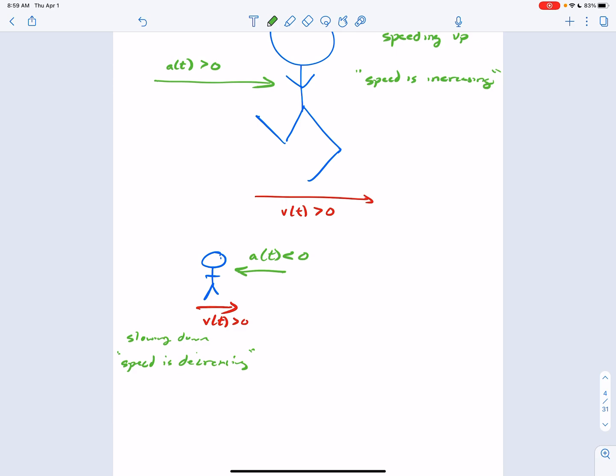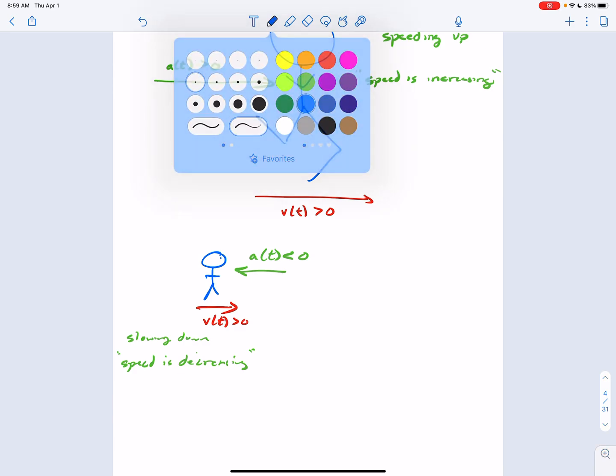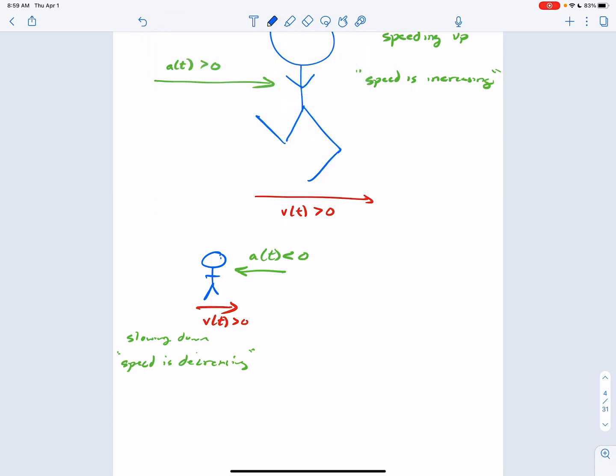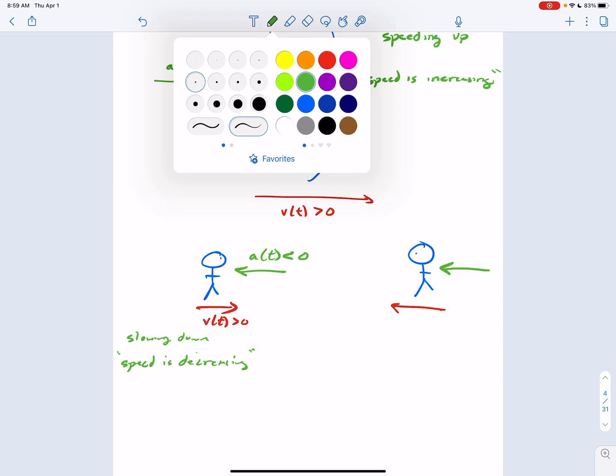I won't do all the scenarios, but here's one more scenario for you. Let's say you were running towards the left and I were to push you towards the left. Would you be speeding up or slowing down? Pause and then press play whenever you're ready.